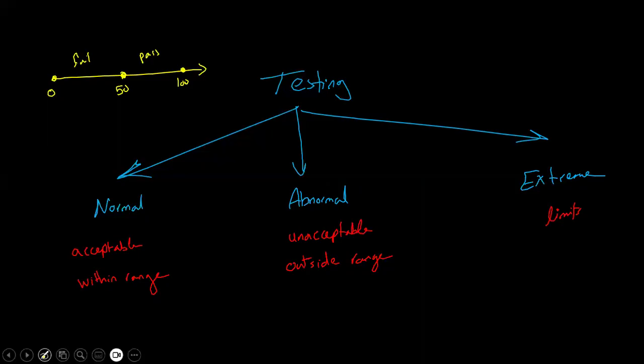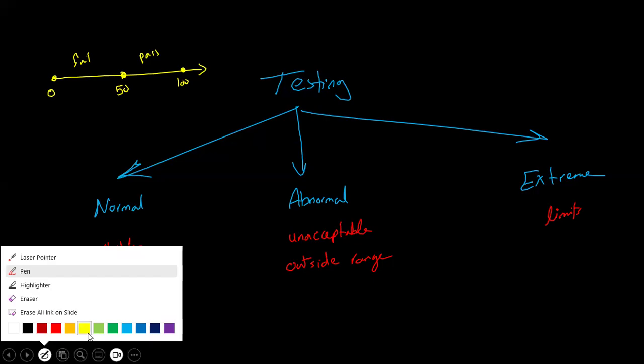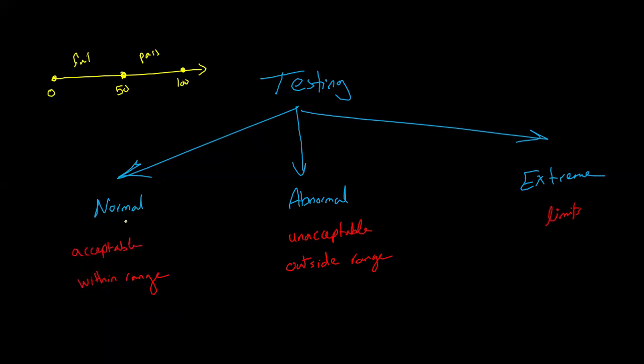So what are the normal values? The normal values are within range. So if you got 0, it is acceptable. Maybe you didn't answer anything in your exam correctly. 50 is acceptable. 100, it's okay. 90, it's okay. 70 is okay. All of these values are within range, acceptable.